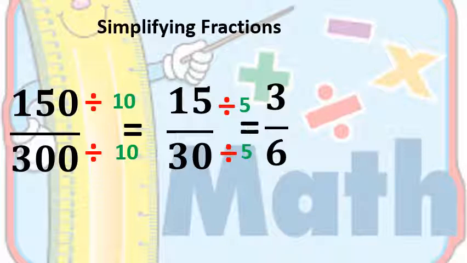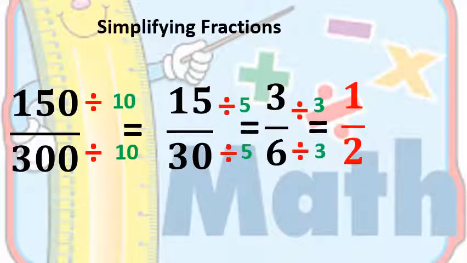Can we simplify more? Can we divide more? Yes, because we can divide the 3 and the 6 by 3. So divide by 3, divide by 3, I'm ending up with 1 out of 2. Can we divide more? Can we simplify more? No, we cannot. So this one that we reduced, we're going to call a reducible fraction.